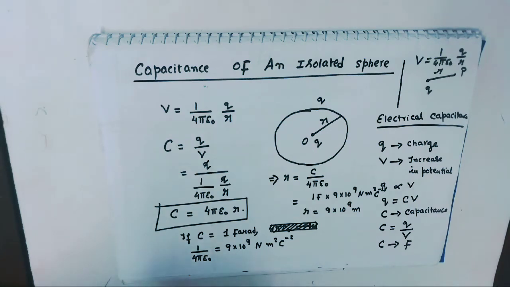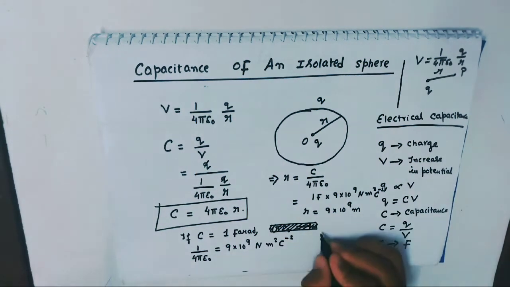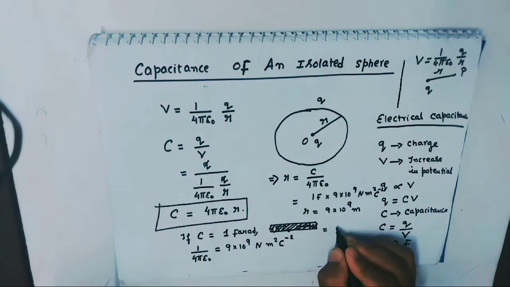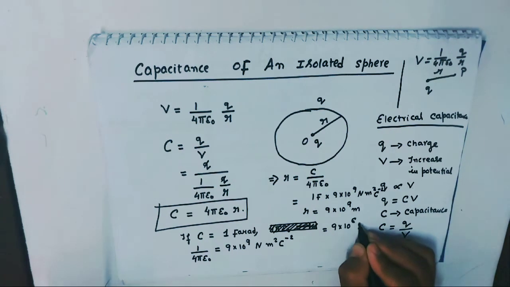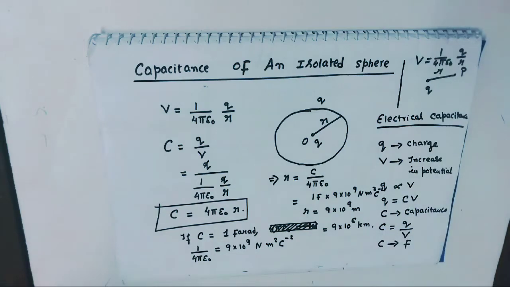So 1 farad is a huge capacitance. Practically it is impossible to make a spherical conductor of capacity 1 farad. So this R is 9 into 10 to the power 6 kilometer.